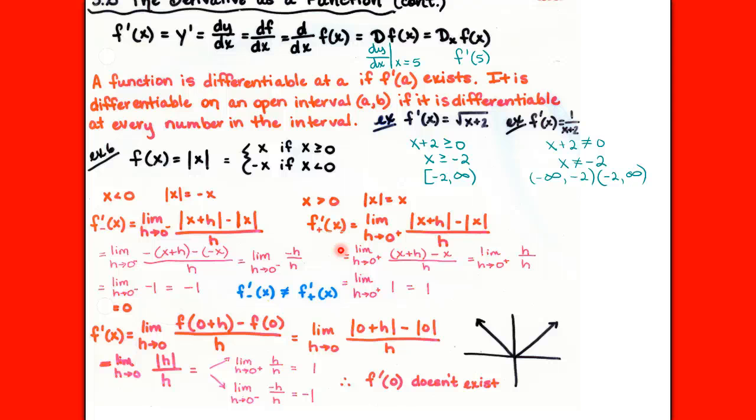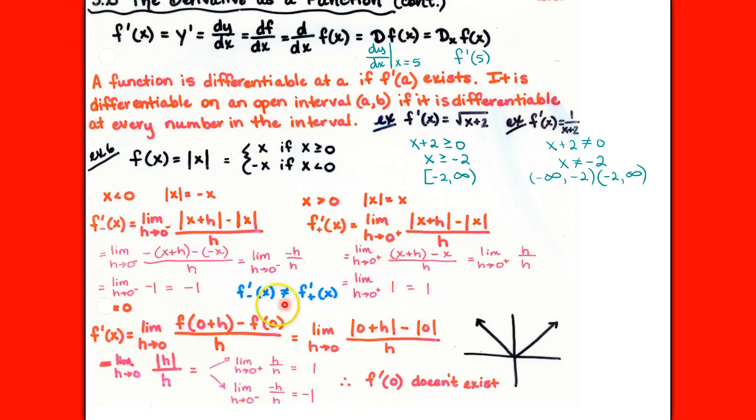So if I looked at this as the derivative from the left, and this as the derivative from the right, and the derivative, by definition, is just a limit, I wouldn't necessarily need to do all of this work down here to figure out what's going on at 0. Because right here, I got the derivative from the left was -1 and the derivative from the right was +1.